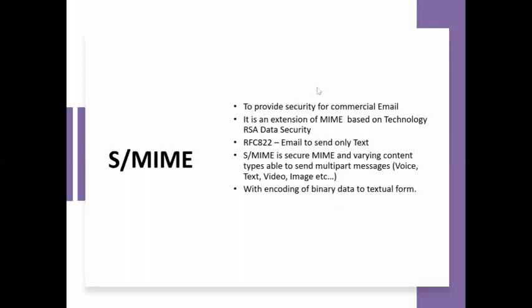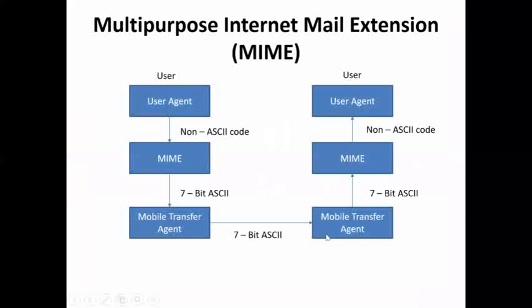Next, we're going to see Multi-purpose Internet Mail Extension, MIME. We need to understand MIME. In the next slide, we'll see how it works. So here a MIME agent is there. What MIME will do is convert the data which is in non-ASCII code.